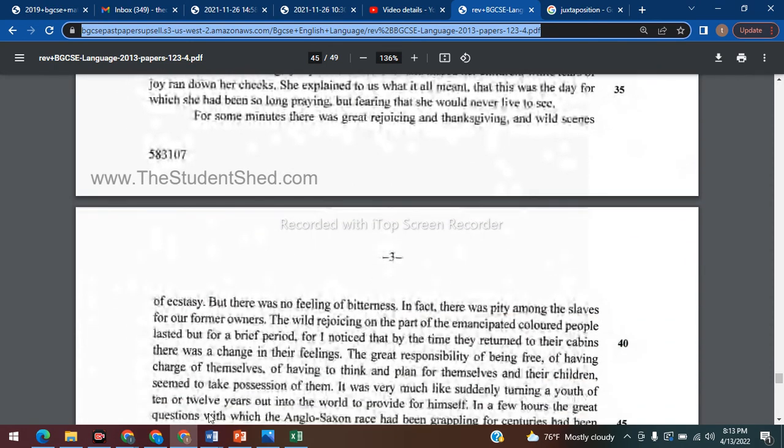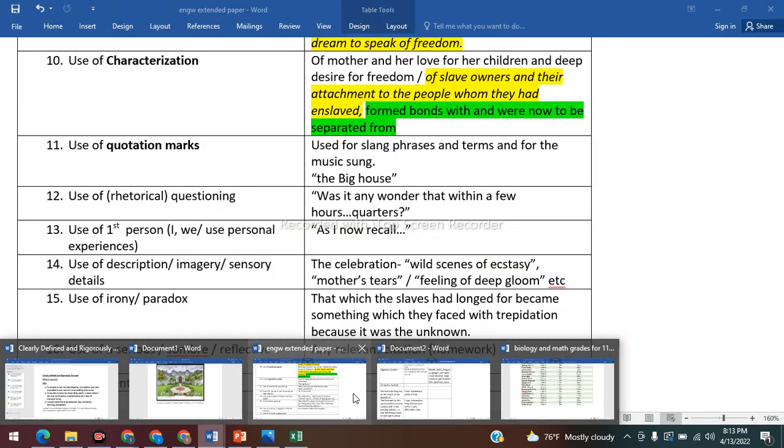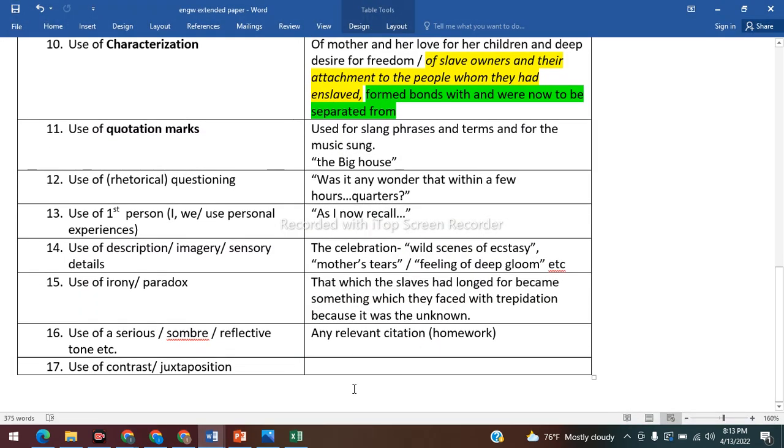So in the story we can see juxtaposition or contrast, where we have the contrast between how they felt pre-emancipation, and what does that mean?